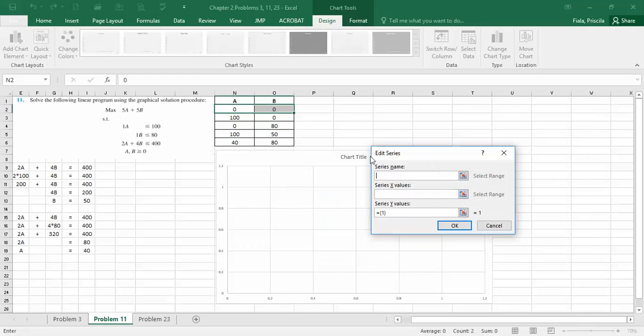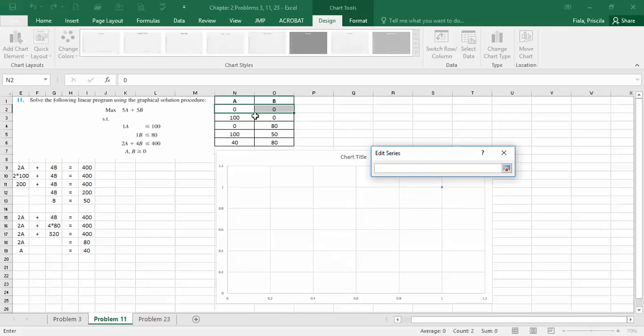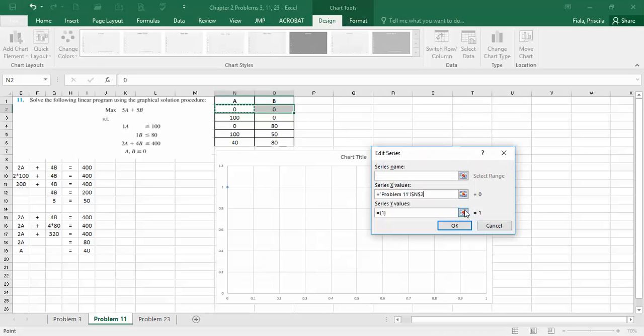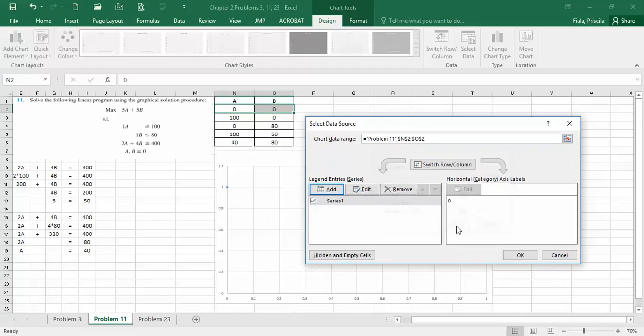For my X, I'm not worried about the title here. I'm worried about my points, my optimal value, what is outside my feasible area, and what is inside my feasible area. So for X, it's 0, and for Y, which is the same as A and B, is also 0, and you hit OK.